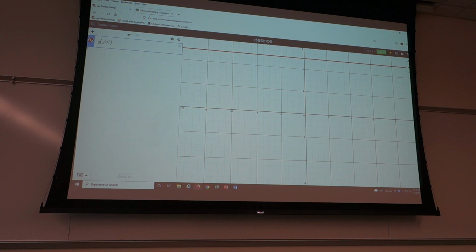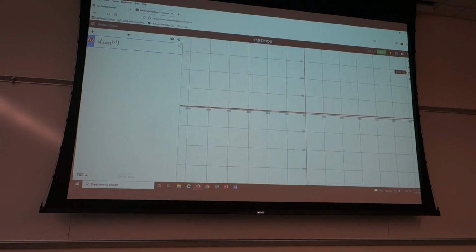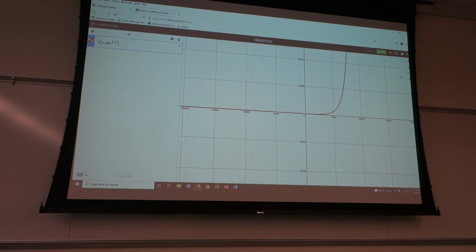But once I start making this not 1, say 1.0001, now all of a sudden it changes. Even that changes a little bit; you just have to zoom out to see it. It'll stay like that for a long time, and then, bam, it goes up.